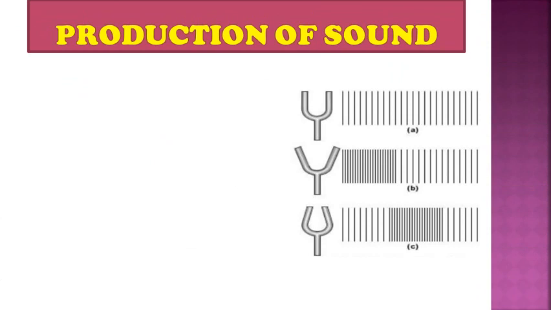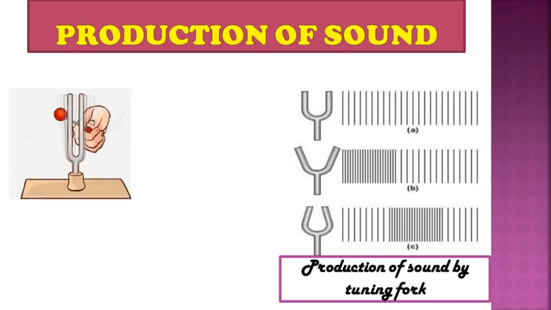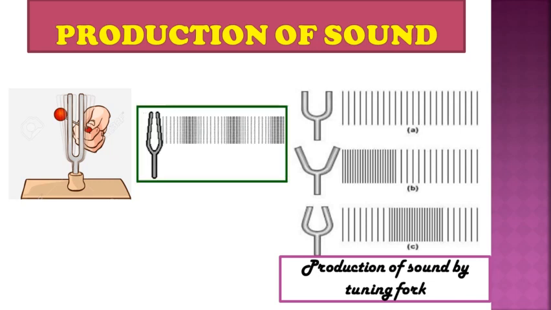Now again you can observe the same picture on the screen, that is production of sound by a tuning fork. Here we will see the B part. If the stem is kept steady, that means fixed at one particular place, and the prongs are struck by any object, what happens? The prongs are set into vibration.